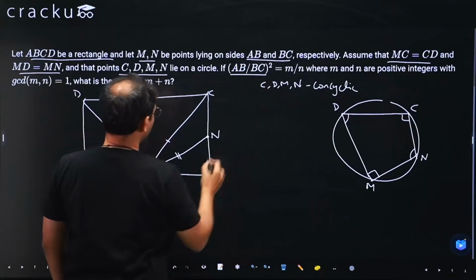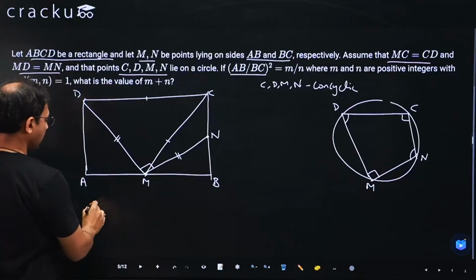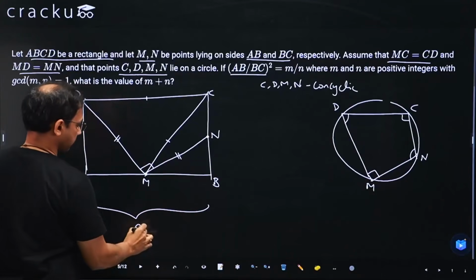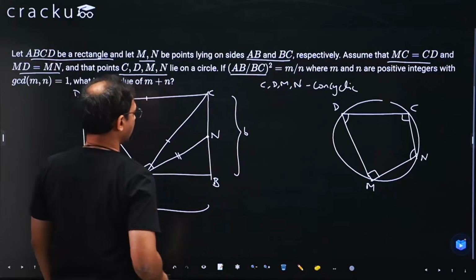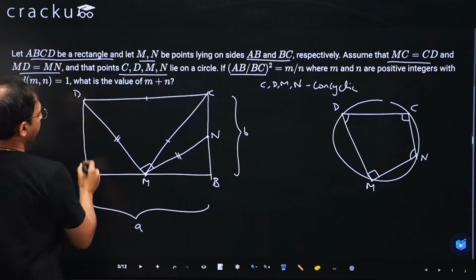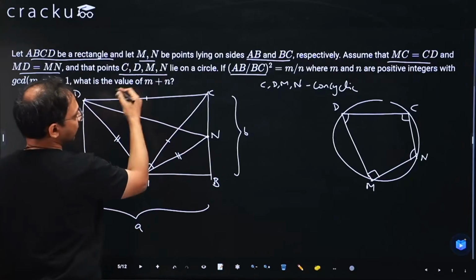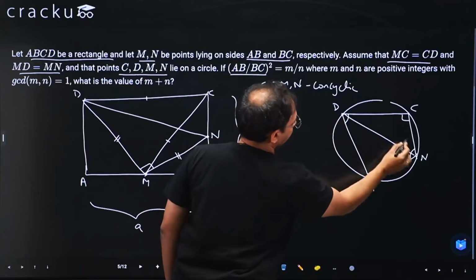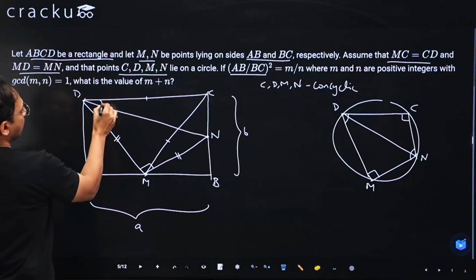We want (AB by BC) whole square. So let us say this is a and this is b. We want a square by b square. If I join DN, this will be the diameter of the circle because the angle in a semicircle is 90 degrees. Let us call this angle theta.